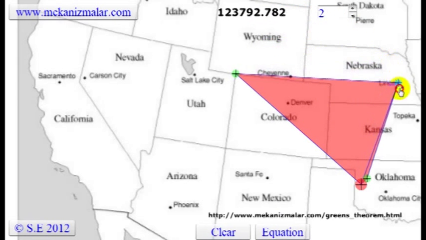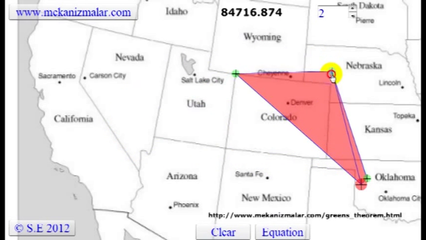On the other hand, if you move the green one counterclockwise, it will show the green area. That means the negative area. The area is changed by the initial point, but the total area remains unchanged. And this is all of the video clip.